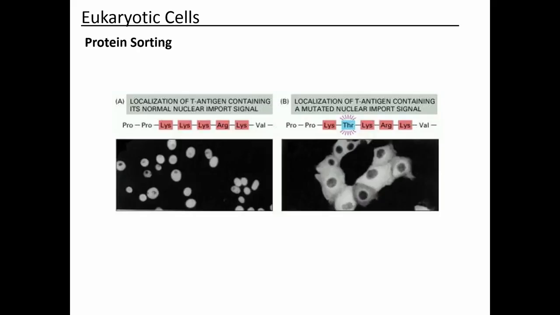Now the interesting thing between this picture and this picture is that it's actually the same protein, and there's only one amino acid difference between the two. What they did was take this protein and change it by one amino acid, and now rather than going to the nucleus, the protein stays in the cytosol.